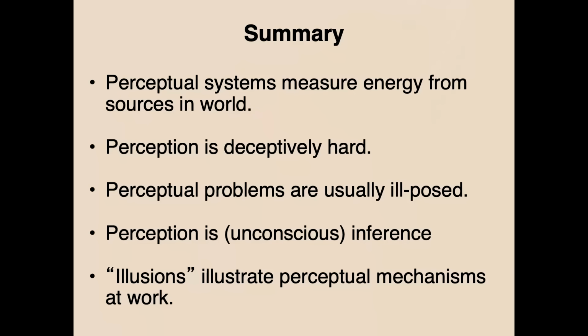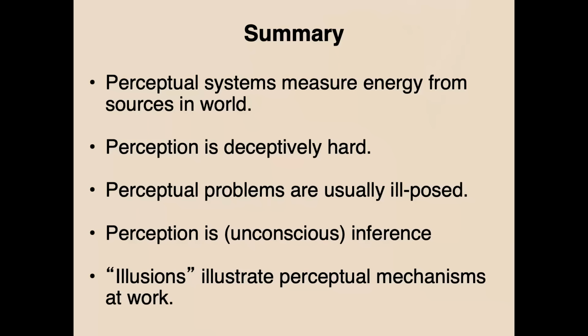We talked about how perceptual problems are usually ill-posed. That means there's typically not a unique solution. And as a consequence, perception is unconscious inference, where you are unconsciously trying to choose what we think is the best explanation of the sensory data that you get. And we talked about how illusions illustrate perceptual mechanisms at work. So they're fun to look at, but they're also powerful tools that we can use to help understand your brain.